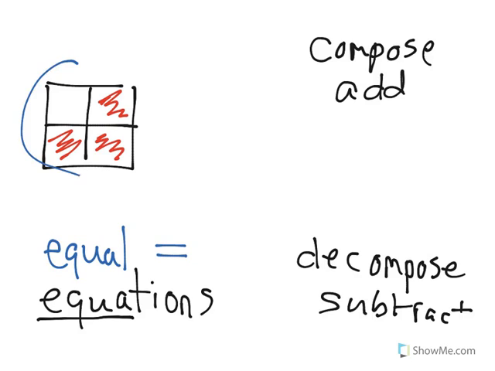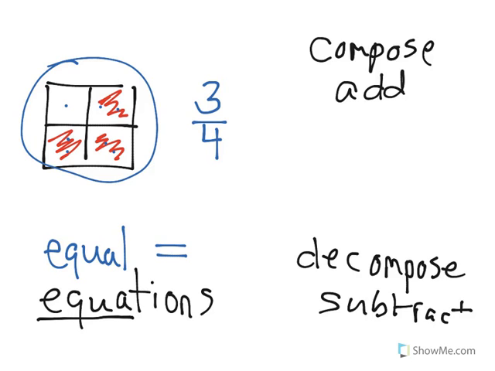So if we look at my fraction that I have right here, I see that there's 1, 2, 3, 4 pieces in this square. So I know that 4 is my whole, which is my denominator. Now, I know that there are 3 pieces that are colored in red. 1, 2, 3. So 3 is my part, which is 3/4.